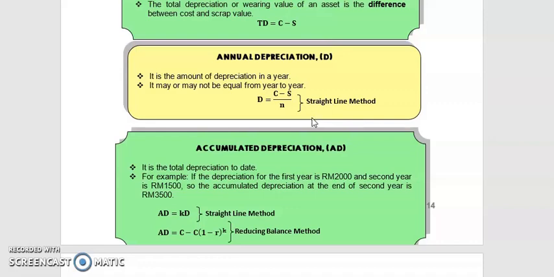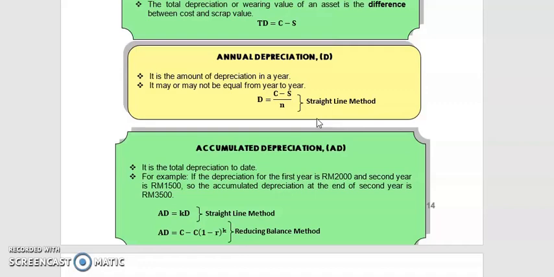For example, if we bought a car for 60,000 and it can last for 10 years. I use 10 years here for easy calculation. So in 1 year, how much does it depreciate? Cost 60,000 minus scrap value, for example 2,000 at the end of 10 years. So what is the annual depreciation?